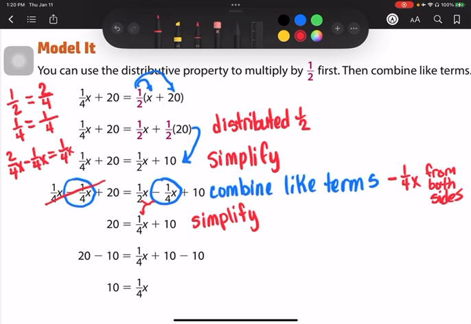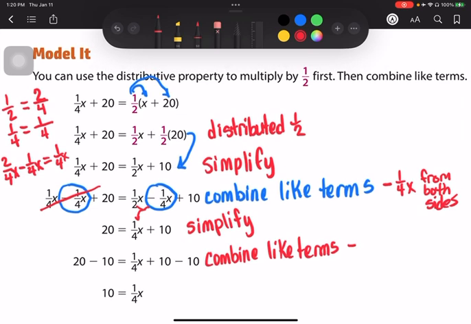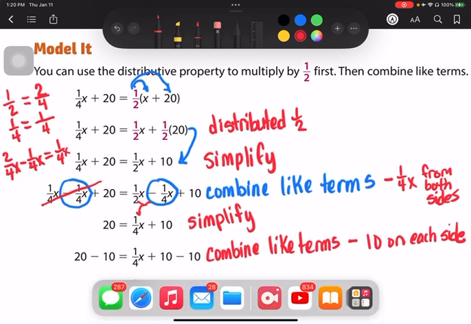On the next line, they combine like terms by subtracting 10 on each side of the equation.